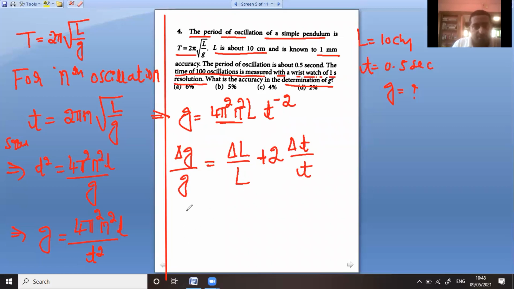So now we find delta L by L. L is given as 10 centimeter. What about the absolute error? The absolute error is the least count error. The least count for 10 centimeter is 0.1.